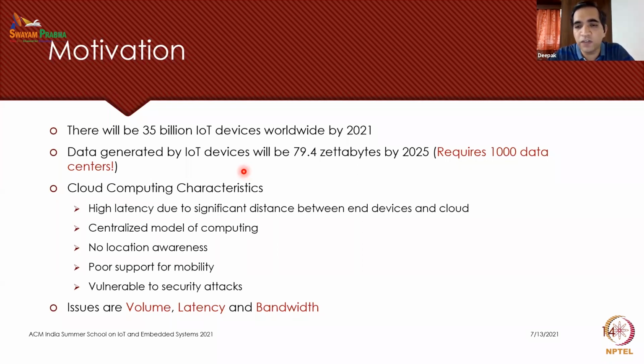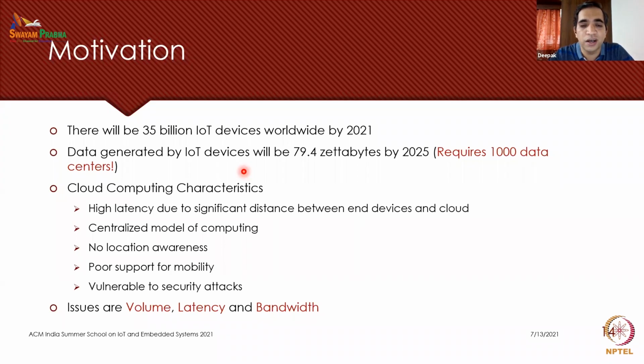One of the data points available says that by 2025 these many devices will generate something like 79.4 zettabytes of data. That's 10 to the power of 21. So that's a lot of data, and that actually would require something like 1,000 data centers.